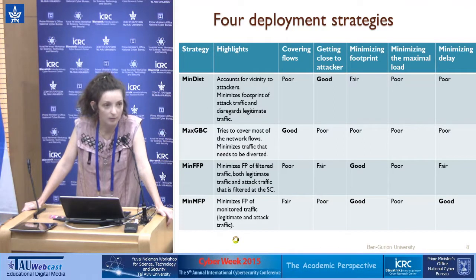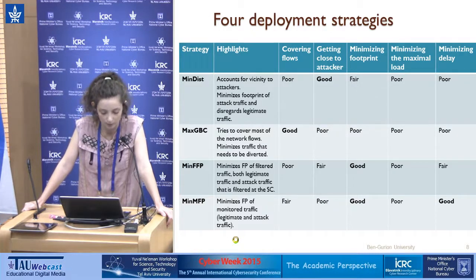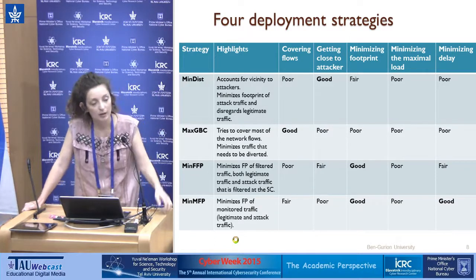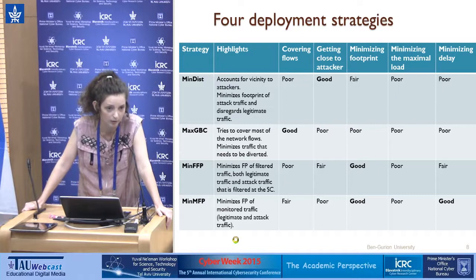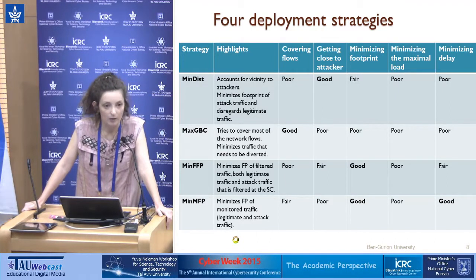Thus, we minimize both the footprint of legitimate traffic and the footprint of malicious traffic. And finally, the MinMFP strategy minimizes the overall traffic without considering the malicious traffic that is being filtered, by locating the scrubbing centers as close as possible to the shortest path.